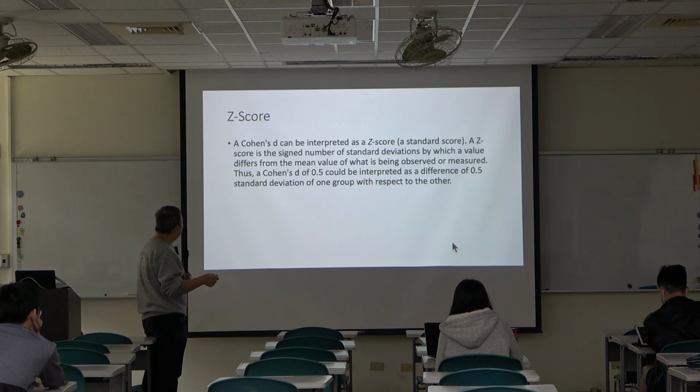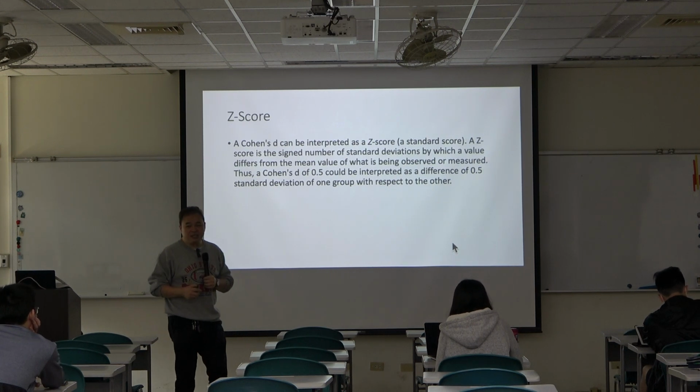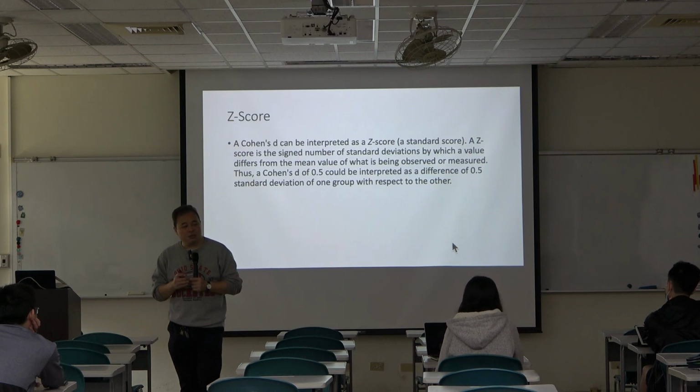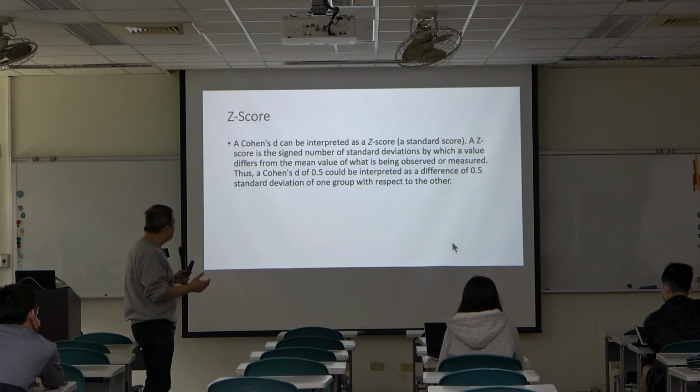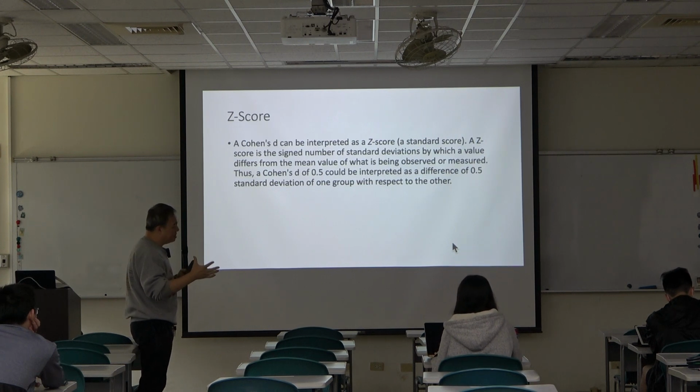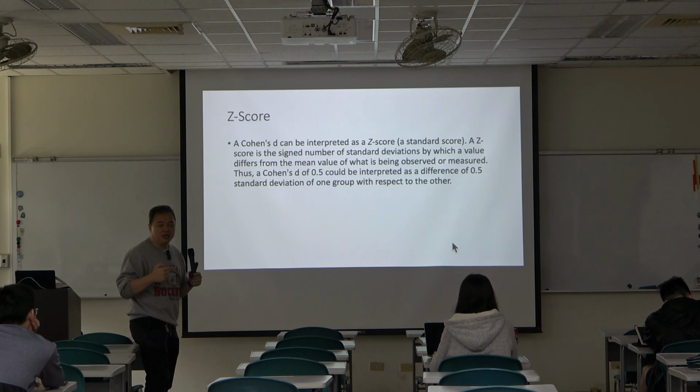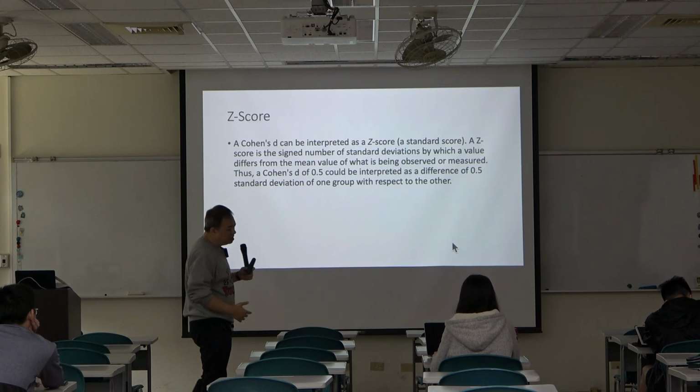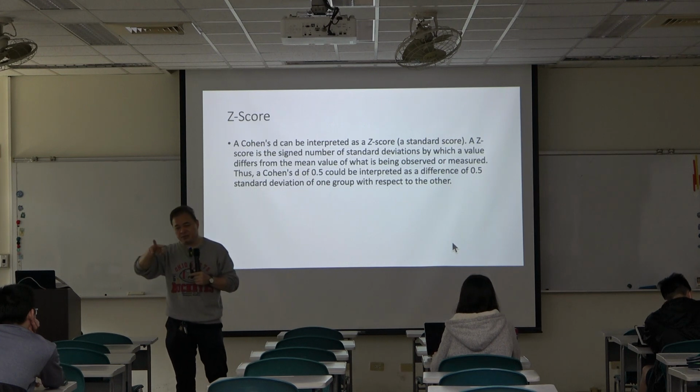Do you know what a z-score is? A z-score measures the difference of two values by the number of standard deviations. For example, in one distribution you get two values.